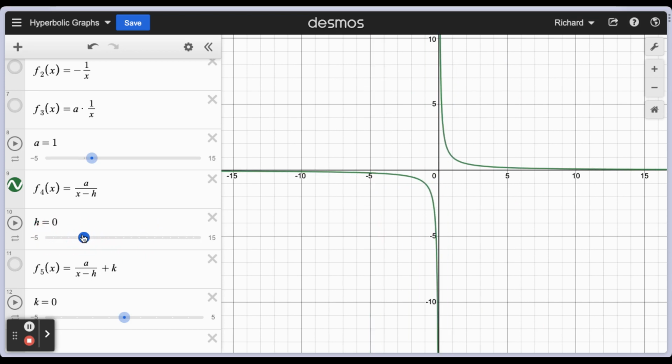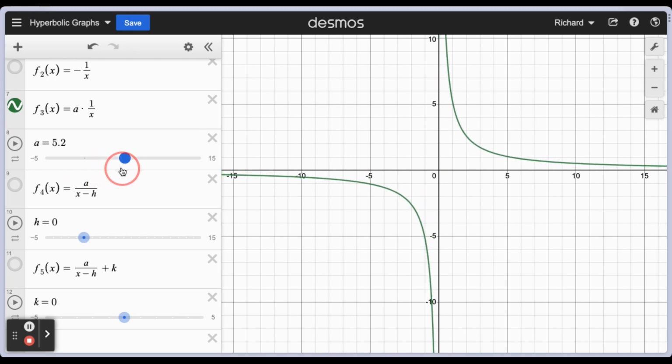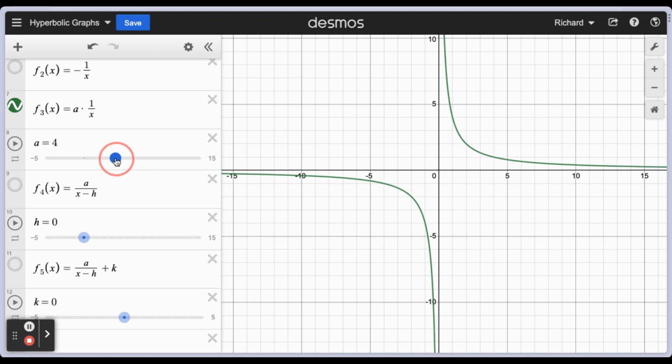I'll put H back to 0 because I forgot that I should just say really quickly what's happening to the asymptotes here. Same, yeah, exactly the same. So they haven't changed. What's happening to the asymptote with this one?